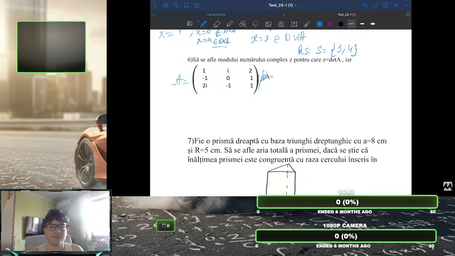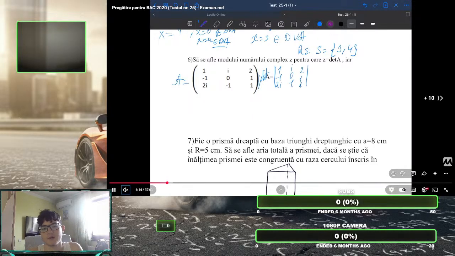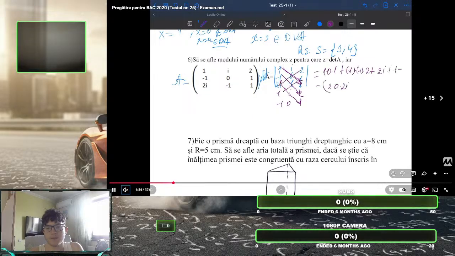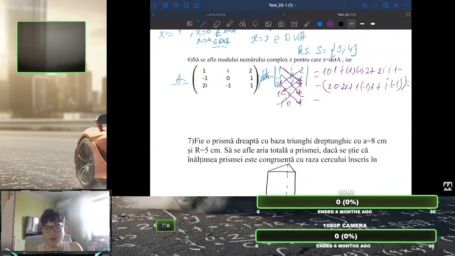I'm gonna go over this pretty fast because I've done exercises like this. So plug it in diagonally and just plug everything in. I'm gonna get exactly this: 0, that, this, minus this and that and this.